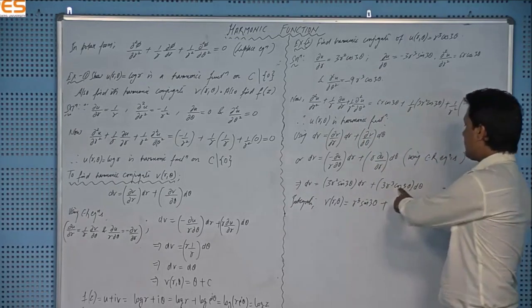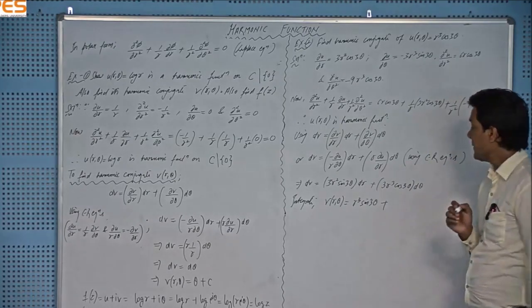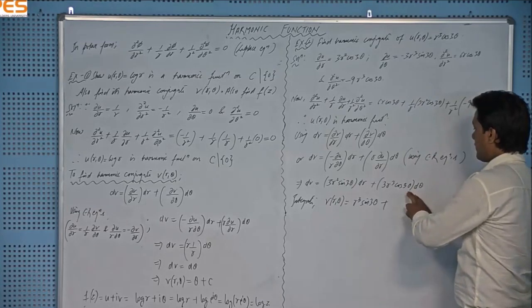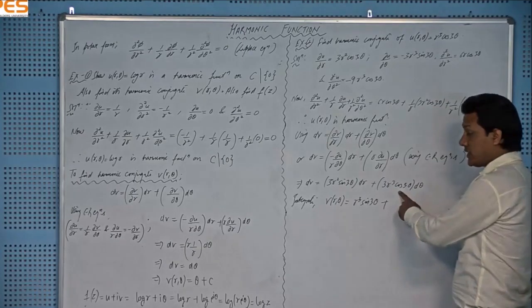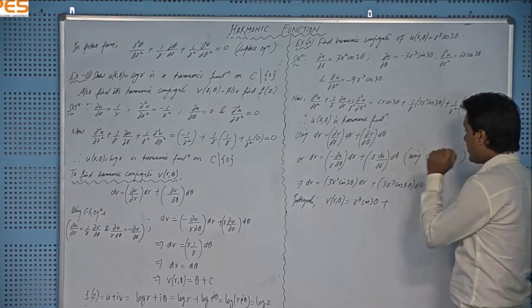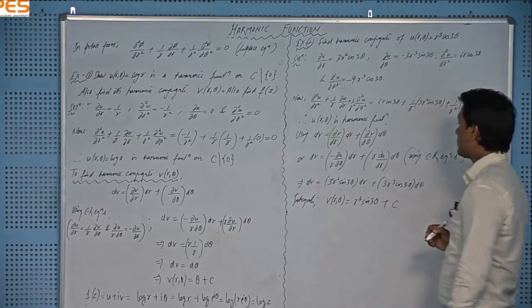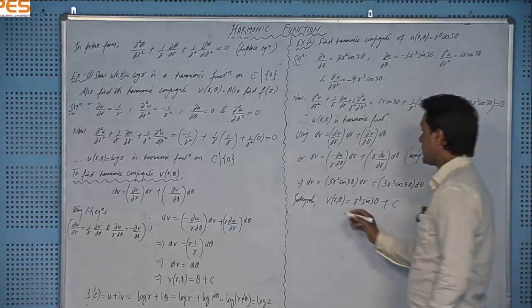And on integrating this with respect to theta, treating r as constant and avoiding the repeating terms, that will give me r cube sine 3 theta, and that has already occurred here, so I will not write that term. That's it, plus c, c is a constant of integration, fine. This is my v, harmonic conjugate.